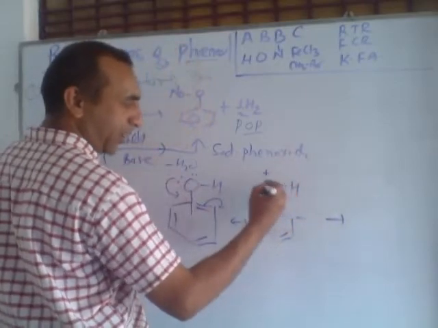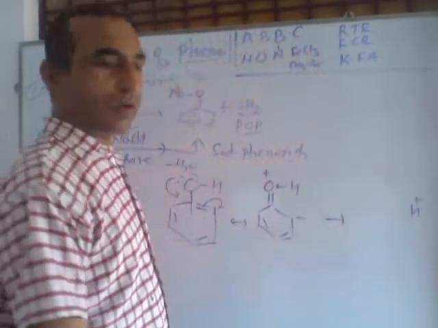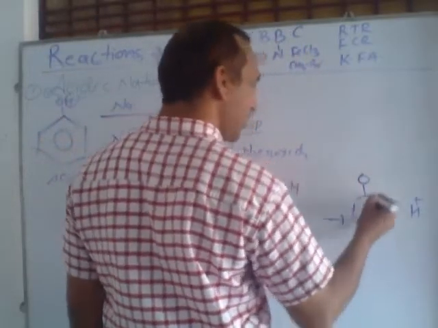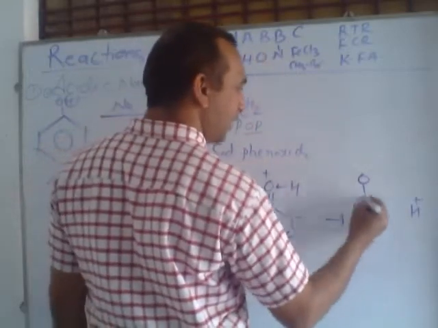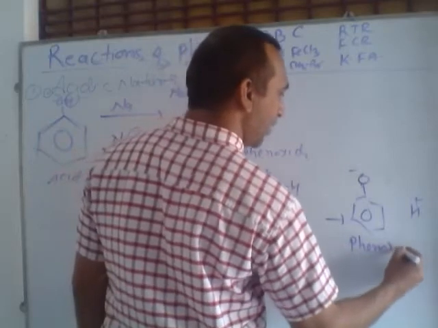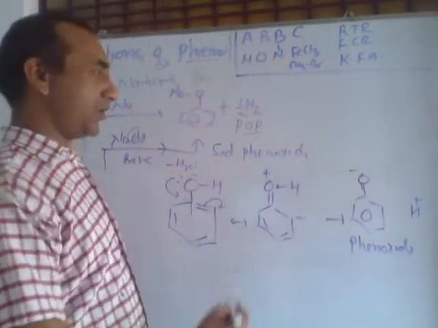This oxygen attracts electrons and hydrogen is easily removed as a proton. After the reaction, this compound is formed. This compound is called phenoxide ion.